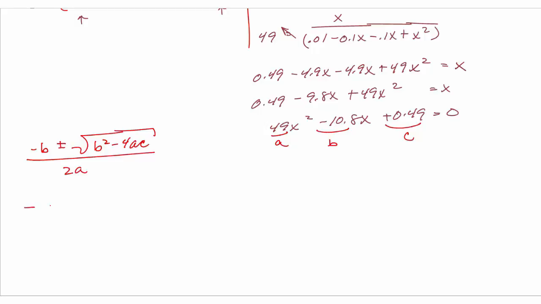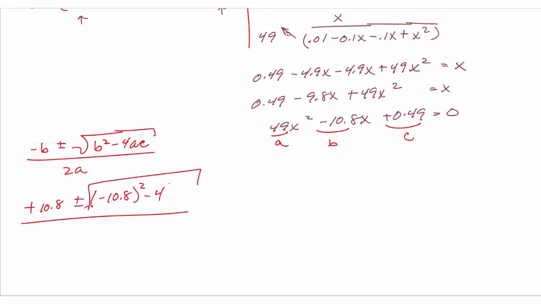So I have a negative, well, negative and negative is a positive, so let's just make that positive 10.8 plus or minus a negative 10.8 squared minus 4 times 49 times 0.49 all over 2a. So what's that going to equal?